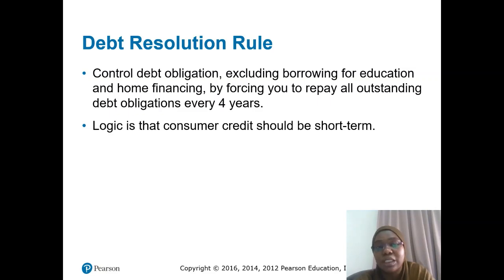So within 4 years or whatever, you are expected to pay all your outstanding debts, except if the loan is used for education or for home financing, because home financing usually takes a longer period of time to repay because of the huge amount that is involved.